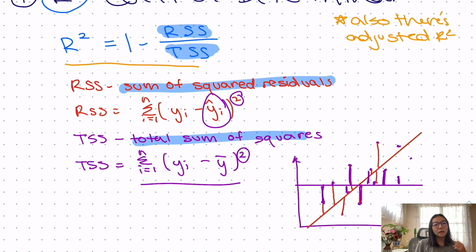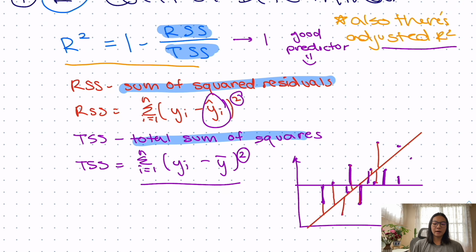And if the errors in our line of best fit are much smaller, then the ratio of RSS over TSS is going to be very small, which means that R squared is going to go towards 1. And when R squared is towards 1, that's usually a sign that we have a good predictor. It's one of the signs, not the only one.